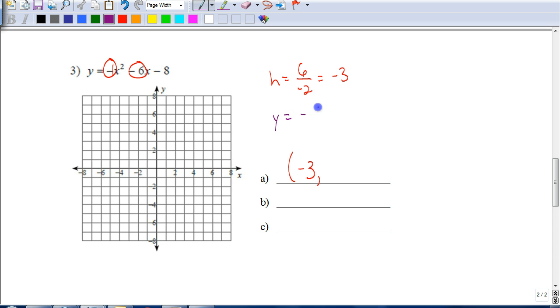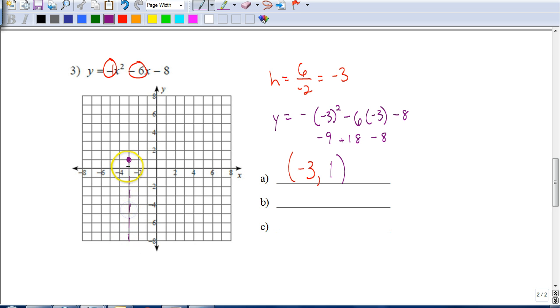So it's going to be the opposite of -3 squared, minus 6 times -3, minus 8. Well, -3 when you square it becomes a +9, but that negative makes that a -9. -6 times -3, well that's a +18, then a minus 8. -9 plus 18 is 9, and 9 minus 8 is 1. So (-3, 1) is your vertex.